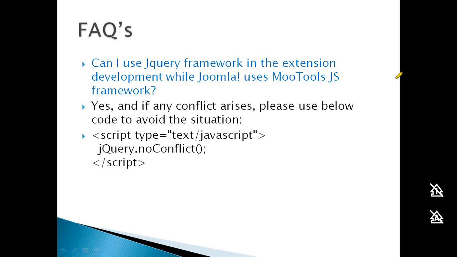Usually it doesn't conflict because there is an inbuilt feature nowadays, but in case you find any conflict and either your jQuery or MooTools based code doesn't work, then please add this code snippet into the head section of your template file. It would do the necessary no conflict handling for you automatically.